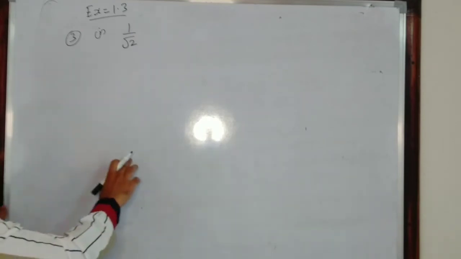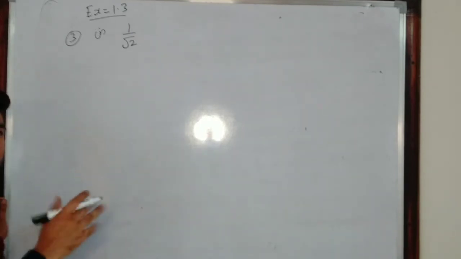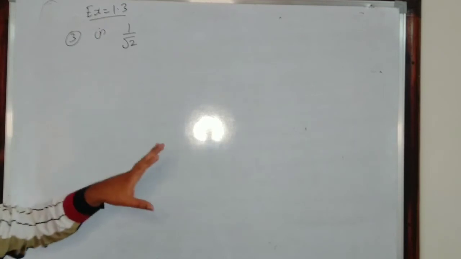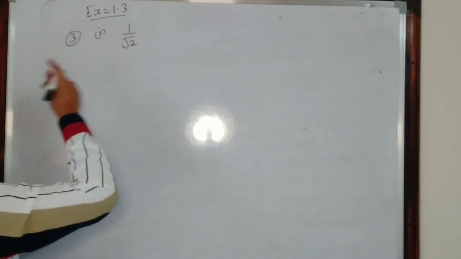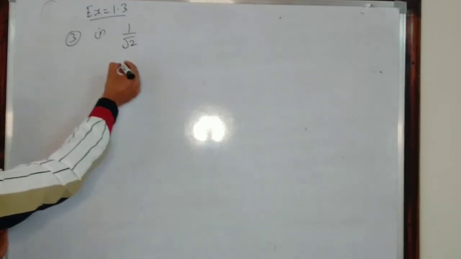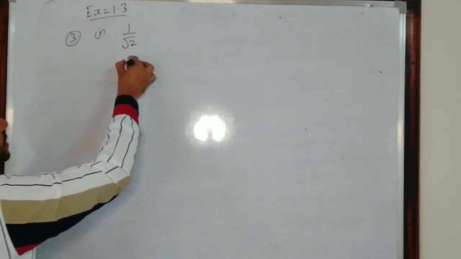We need to prove that 1 by root 2 is irrational. If this question comes in 2 marks, we simply need to prove that this is irrational.